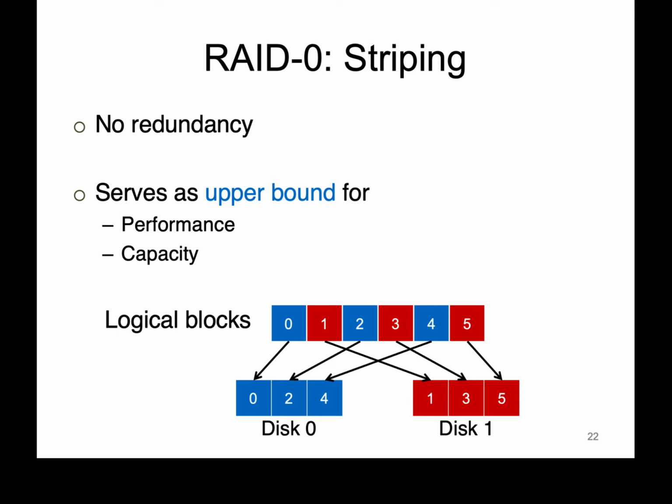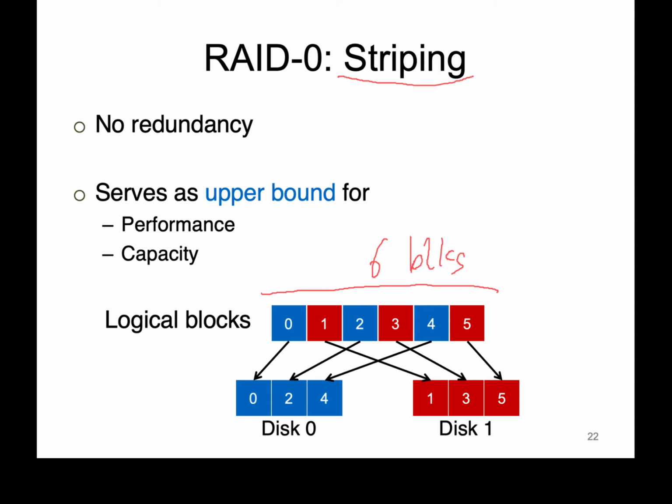RAID 0 is also called striping. Striping means you just chop up the data into the granularity of multiple logical blocks, and you stripe these logical blocks among different devices. As shown in this particular example at the bottom half of this slide, we have a total of 6 blocks, right?